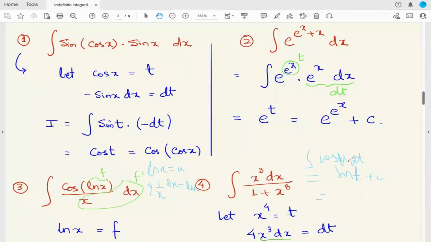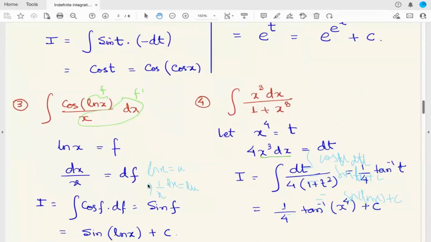There is u, because I substituted a new variable. So our elementary element is also du and sin u. I hope you understand that. Okay. So sine of ln x plus c. Okay. I hope you understand this.